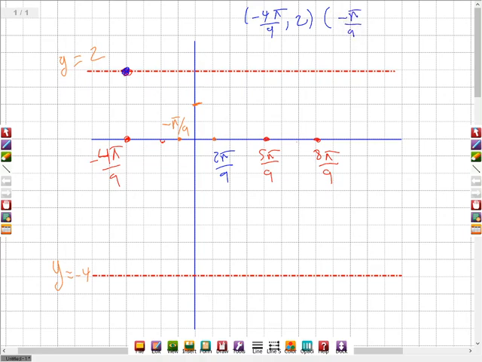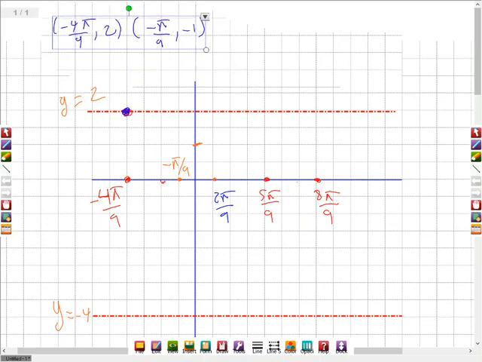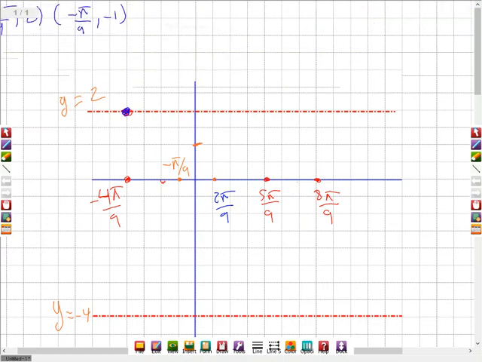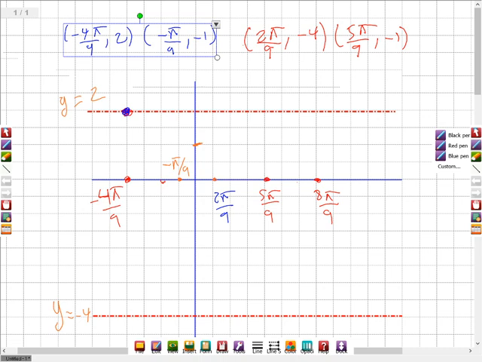-pi over 9 and -1. Okay, good. Okay, 2 pi over 9 and -4, 5 pi over 9 with -1, and the last point, which is 8 pi over 9 and 2.